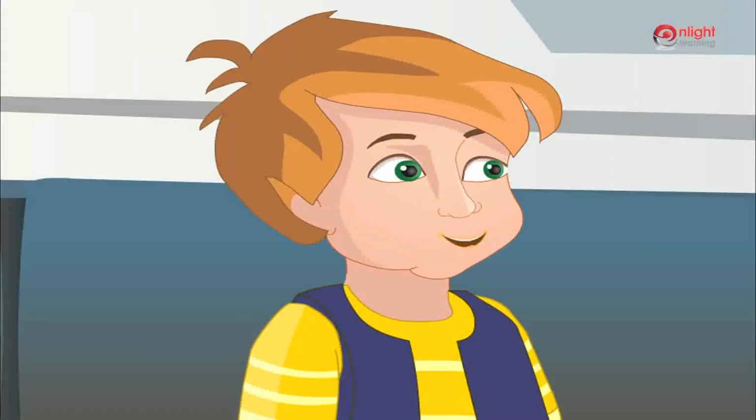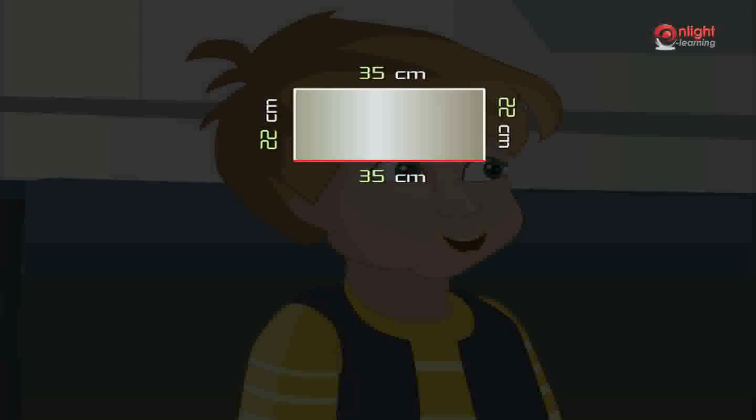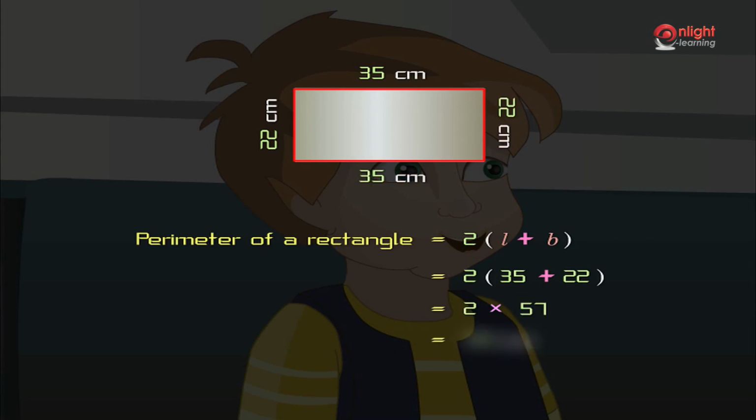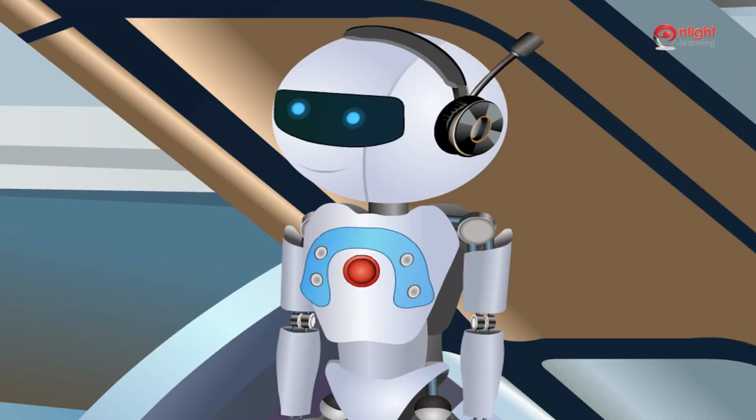From the figure, the length of the rectangle is equal to 35 centimeters and the breadth of the rectangle is equal to 22 centimeters. Since perimeter of a rectangle is equal to twice the sum of length and breadth, perimeter of the given rectangle is equal to twice the sum of 35 centimeters and 22 centimeters, which is equal to 114 centimeters. Very good.